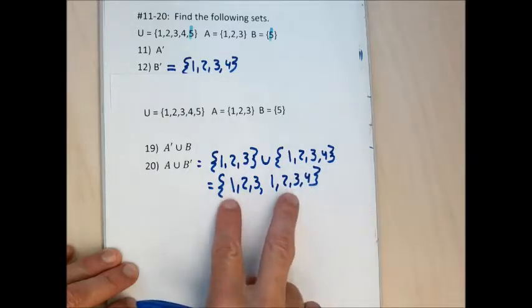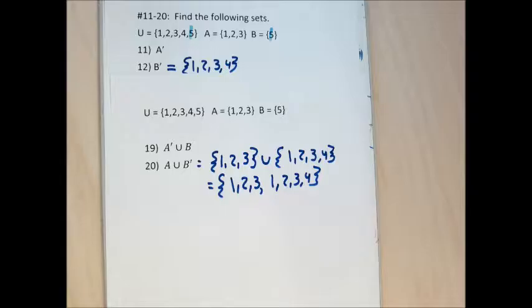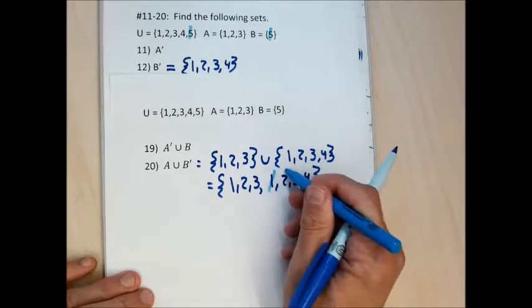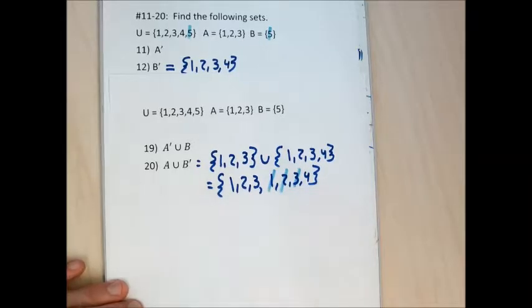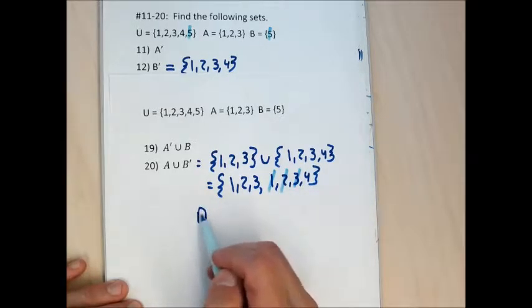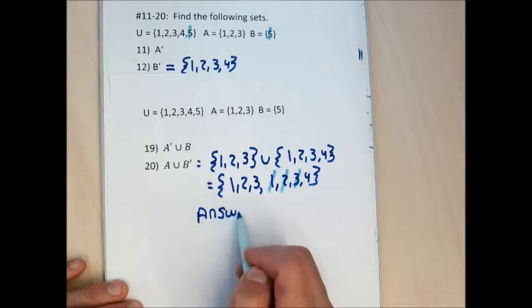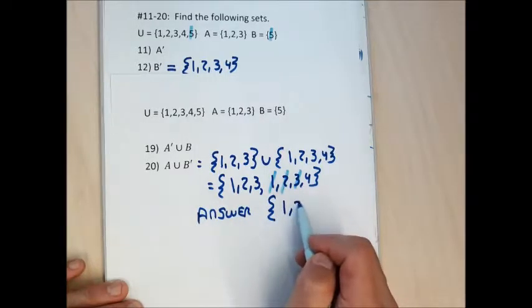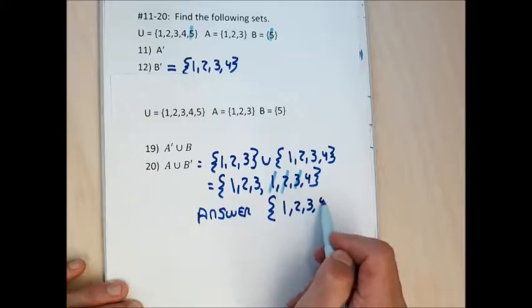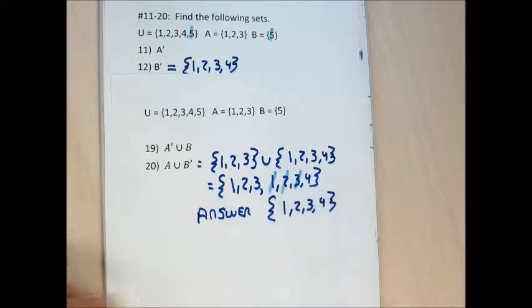So this set's going to have 7 elements. And any object that's written twice, I only write it once. There's 2 1s, 2 2s, and 2 3s. I'm only going to write those once. And for 20, the answer I'm going to write is the set that contains the numbers 1, 2, 3, and 4.